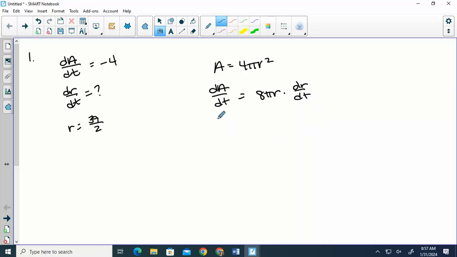So now we plug in. dA dt is -4 equals 8 pi times 39 over 2, and we don't know dr dt. So we would have to divide, so we would get -1 over 39 pi.